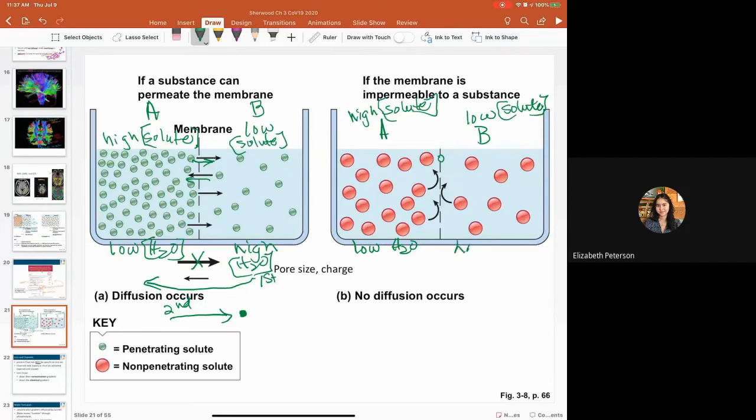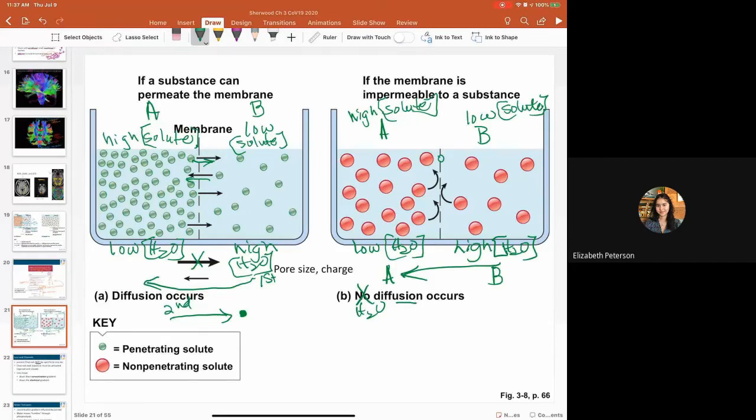So high water concentration. So what moves? Water moves from side B to side A. So water diffusion, but no solute diffusion.